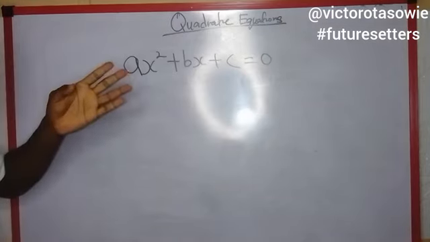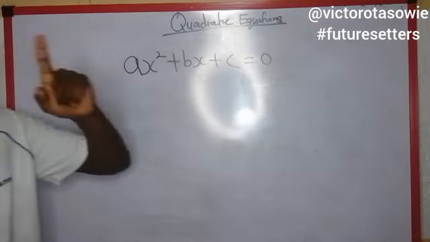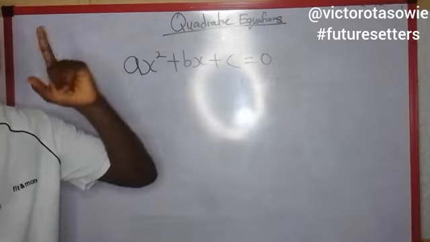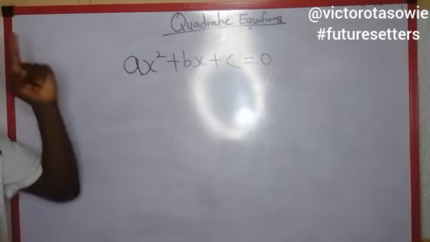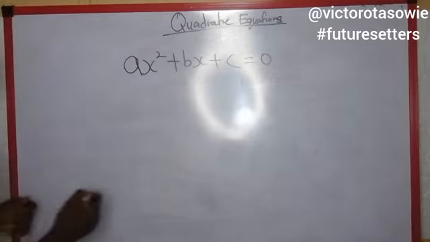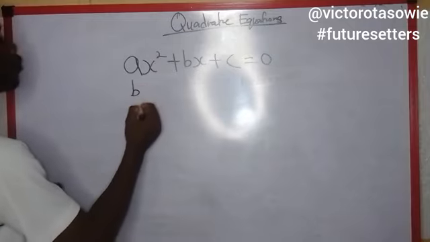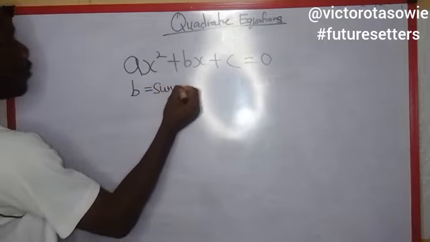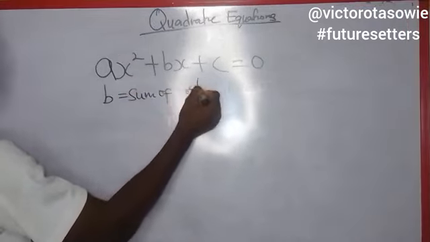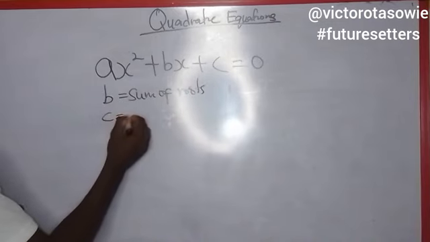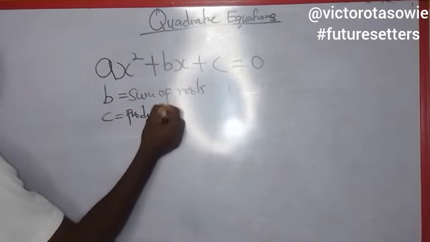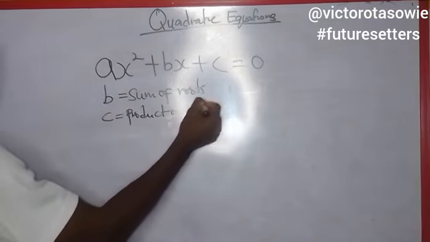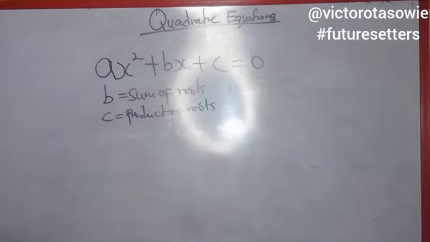Now the next part is this: b represents the sum of roots, while c represents the product of roots. If you know this part very well, every other thing we are going to say is going to be like child's play to you.